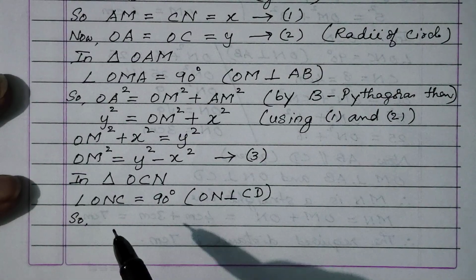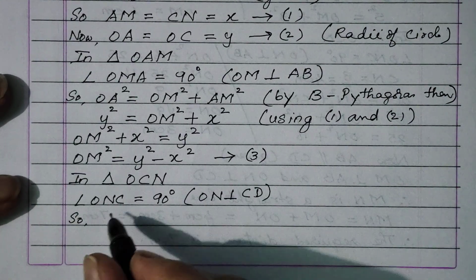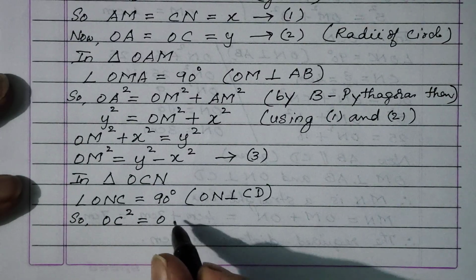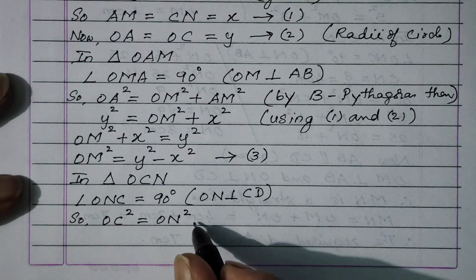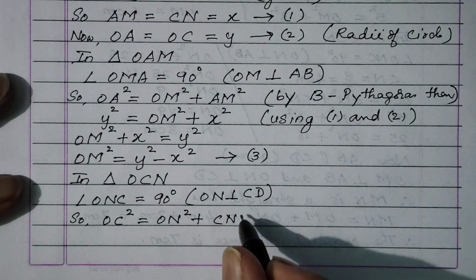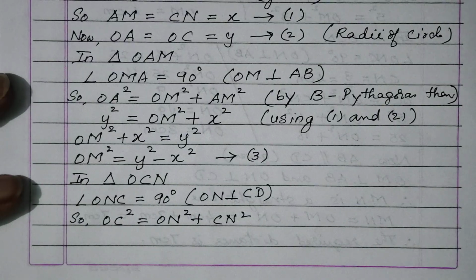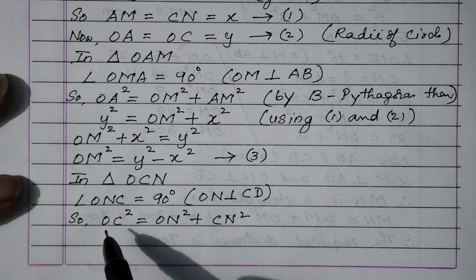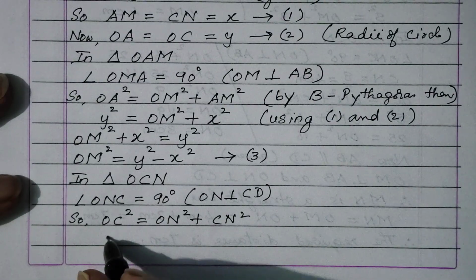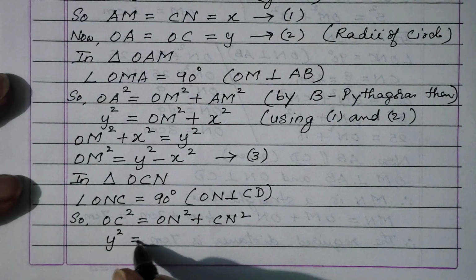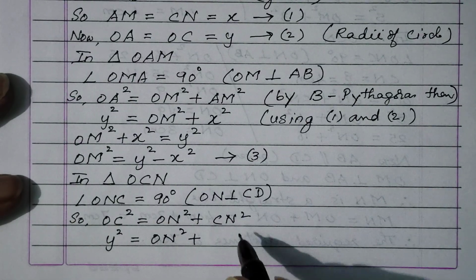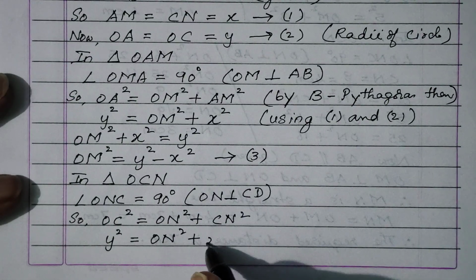So OC square is equal to ON square plus CN square. OC is taken as Y, so Y square is equal to ON square plus CN, taken as X, square.